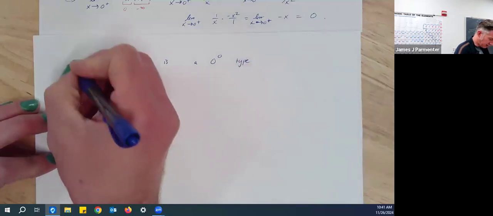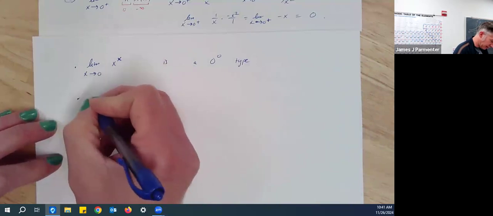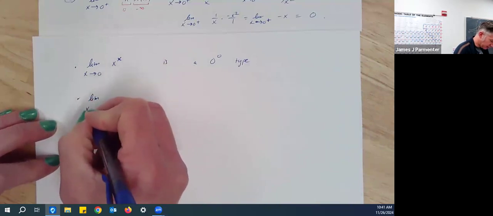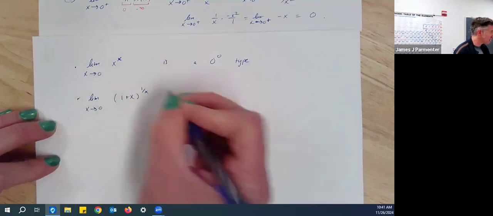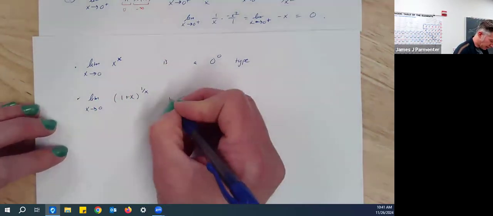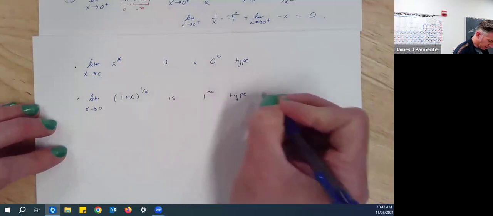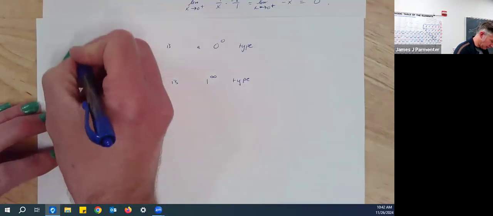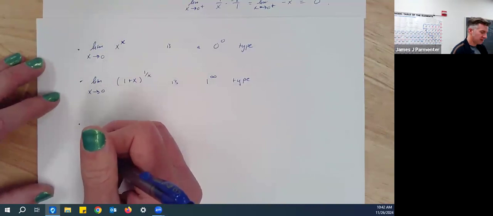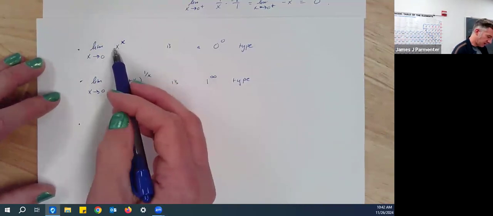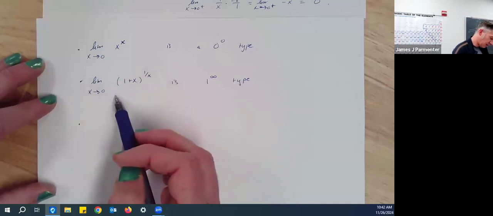We talked already, I believe, about the limit as x approaches 0 of 1 plus x to the 1 over x, and how that was going to be e. That's a 1 to the infinity type. And the third type that is indeterminate, that's an exponential form, is, let me think real quick here.